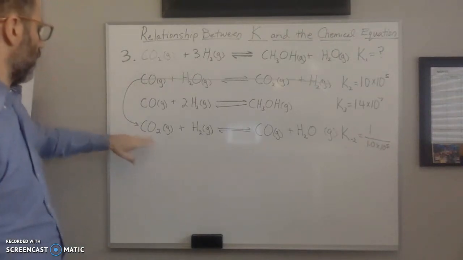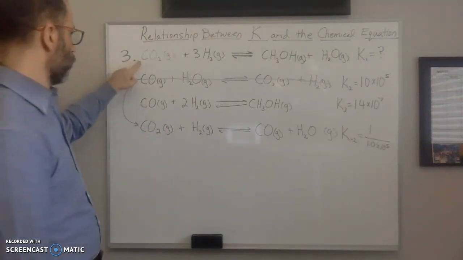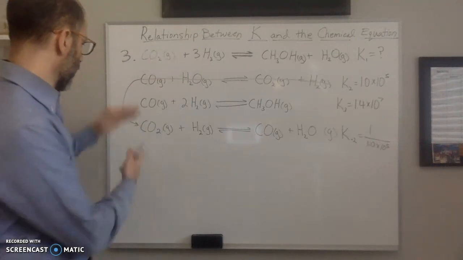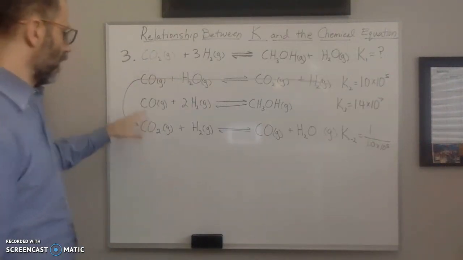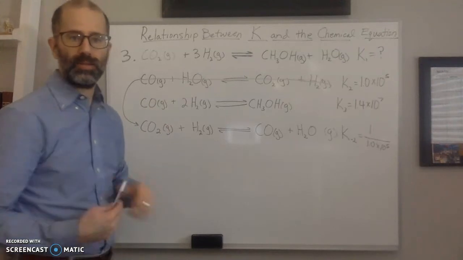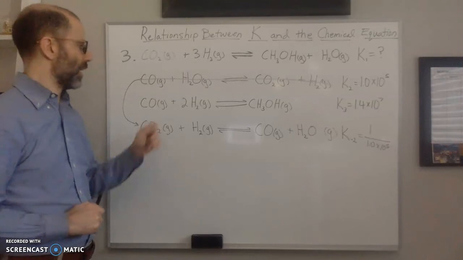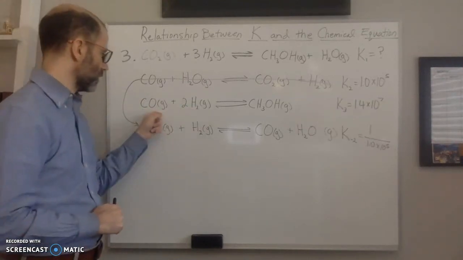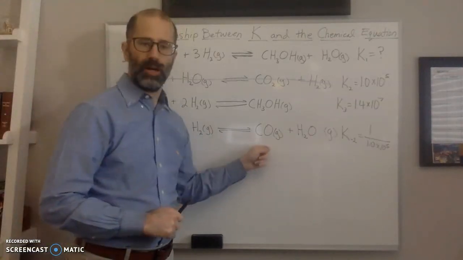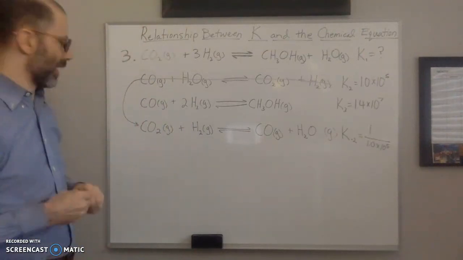I want to make sure that the coefficients are the same. So if I add these together, the next thing to look at is, can you cancel anything out? Is there anything as a reactant that you find as a product that you can cross out? Because those will cancel out.